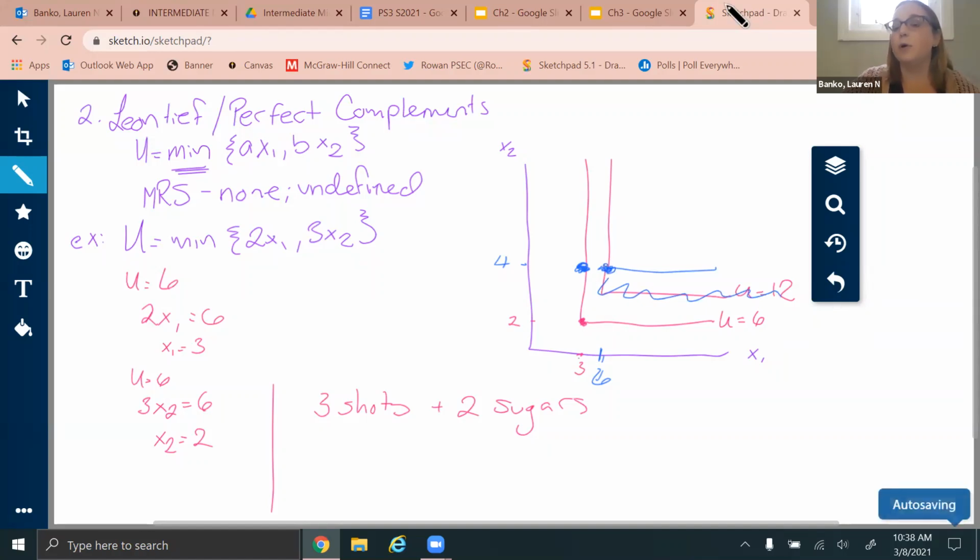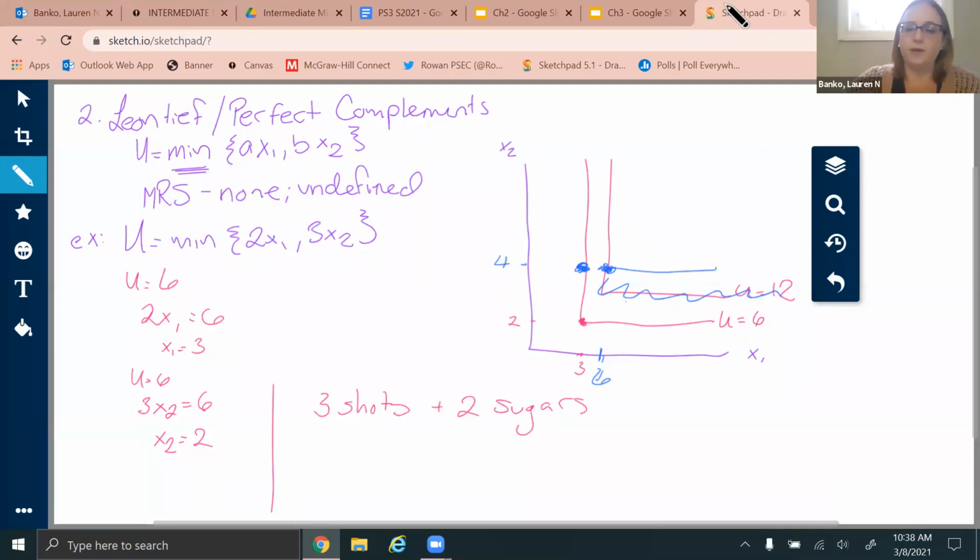As long as I get more of both of these, I will be happier and move up to a different indifference curve. But if I only have more of one, I'm stuck on this first one because I don't want that extra sugar if I don't have more espresso. So having this extra sugar doesn't make me happy.